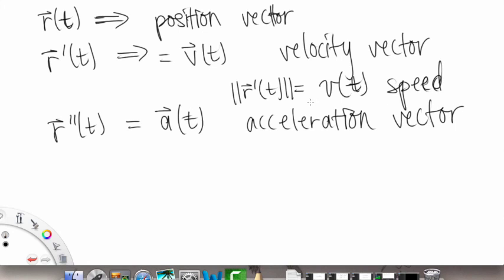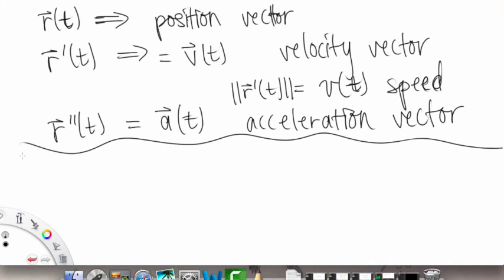Something to bring up, and you've probably heard of this even if you haven't taken a physics class, is Isaac Newton and his second law, which has to do with force and acceleration.